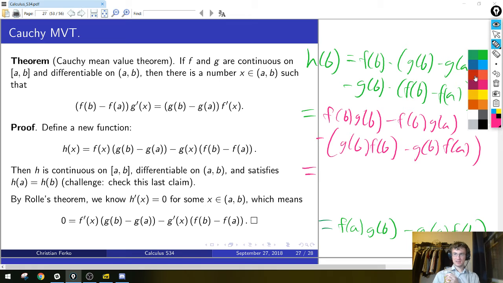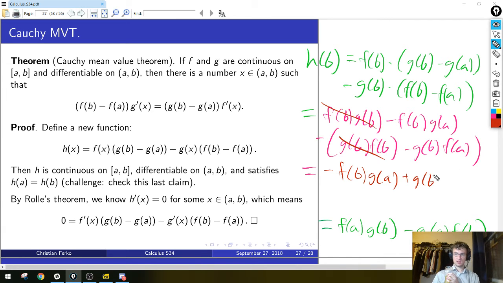Then it sounds like the same thing happens, where we have f of b, g of b and a minus g of b, f of b. So this time it seems like these terms cancel, right? f of b, g of b is the same as g of b, f of b. So we're left with minus f of b, g of a. And then here we have minus minus is a plus, plus g of b, f of a.